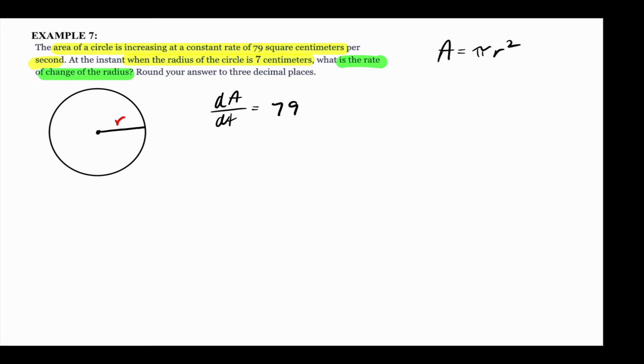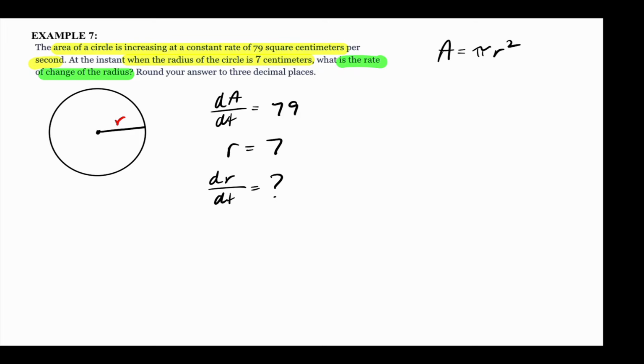At the instant when the radius is 7 centimeters, what I don't know is the rate of change of the radius, so that's dr/dt.